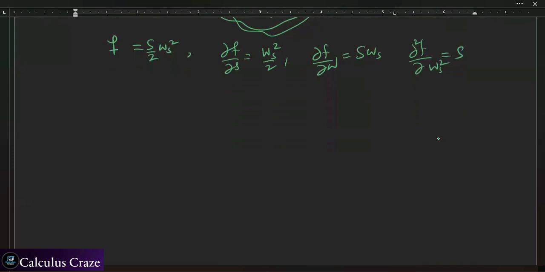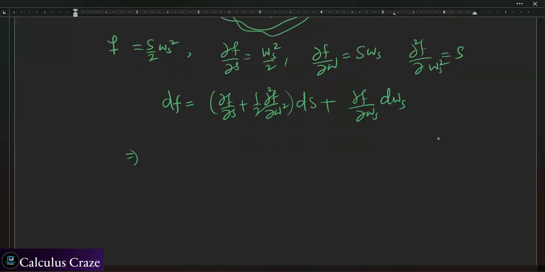So now I will write my Ito's Lemma again. It says df equals the partial derivative of f with respect to s plus 1/2 the second partial derivative of f with respect to w squared, ds, plus the partial derivative of f with respect to W_s, dW_s, right?